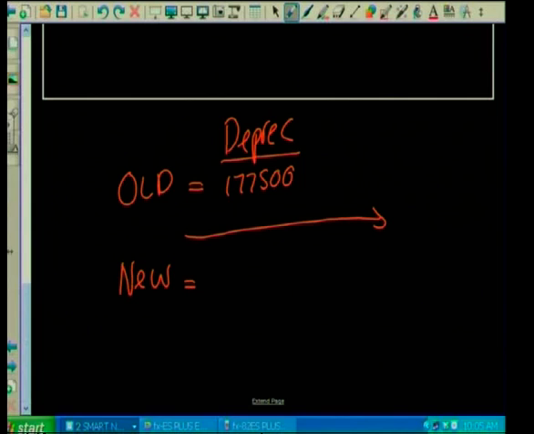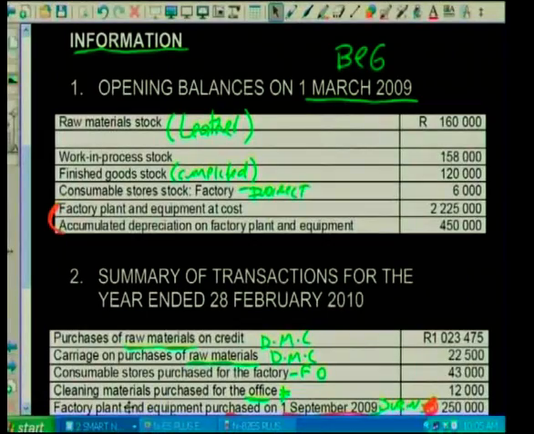Right, depreciation on the new equipment that was purchased. I'm just going to quickly, guys, plot a timeline. Financial year starts on the 1st of March 2009, ended on the 28th of Feb 2010. Let's just quickly go to our info and check when we purchased this additional equipment.